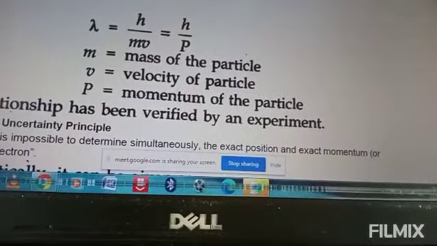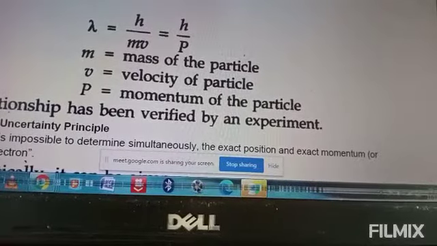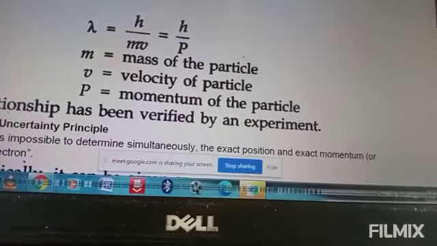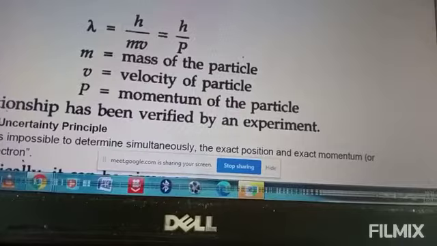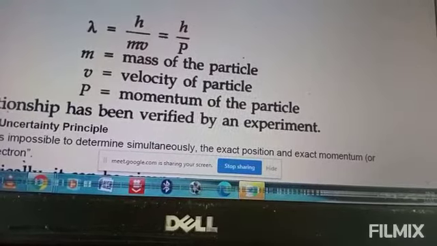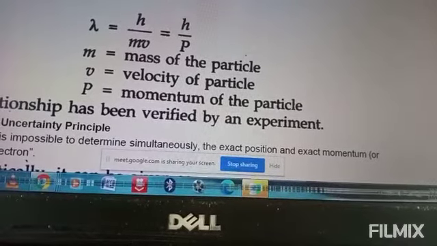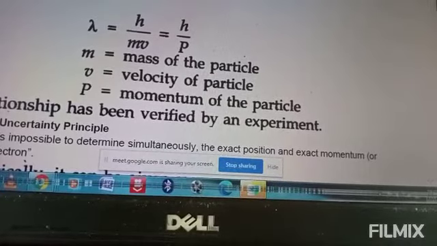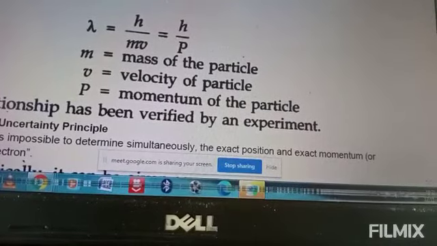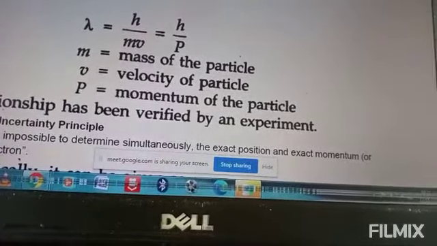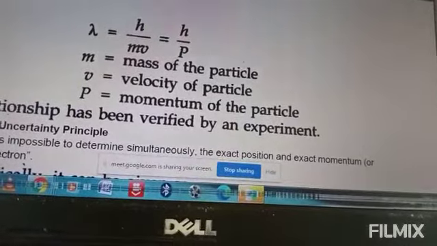To find v, rearranging, 2 times kinetic energy equals mv square. So v equal to the square root of 2 times kinetic energy divided by m. Taking the square root, you will get 812 meter per second.